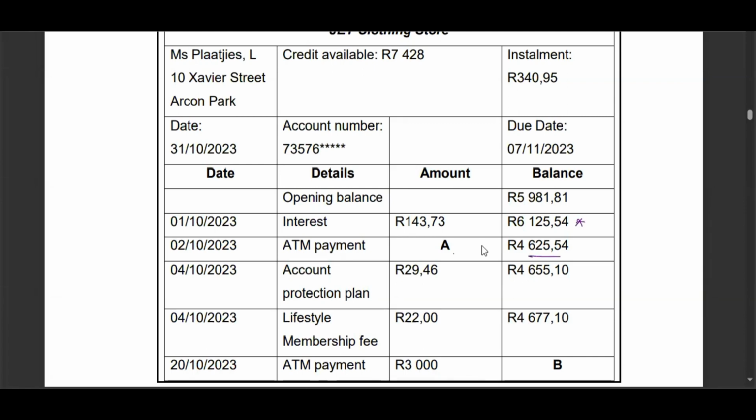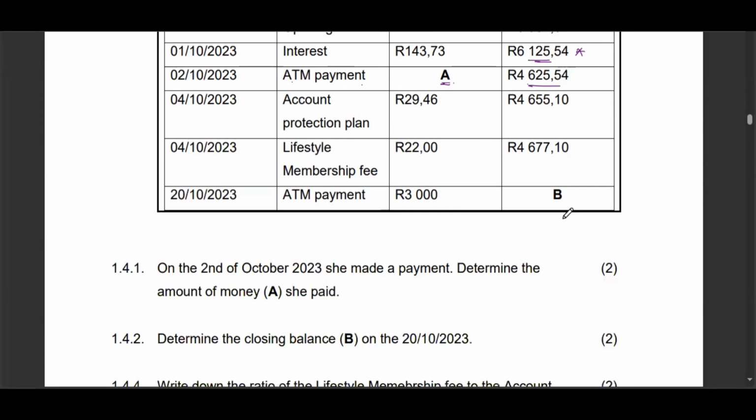So the person made a payment A on the 2nd of October, and the balance became 4,625 rands 54 cents. Whenever you deposit, the balance has to reduce. Here they are saying on the 2nd of October, she made a payment.